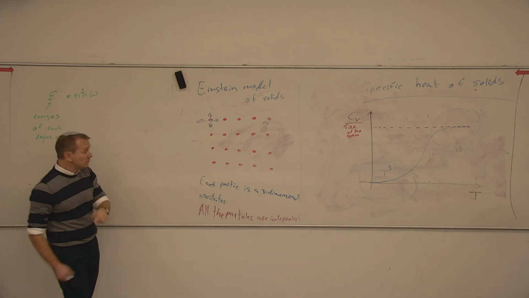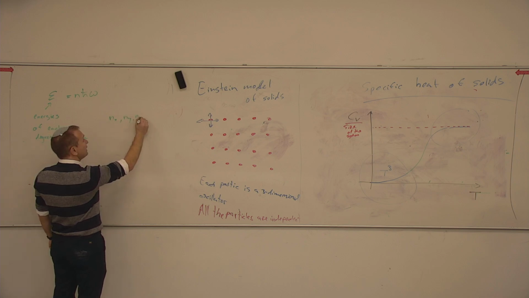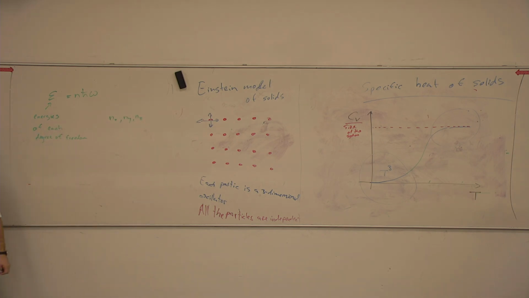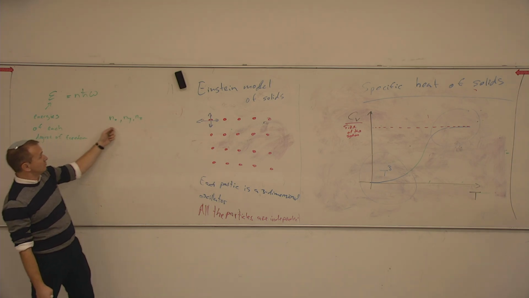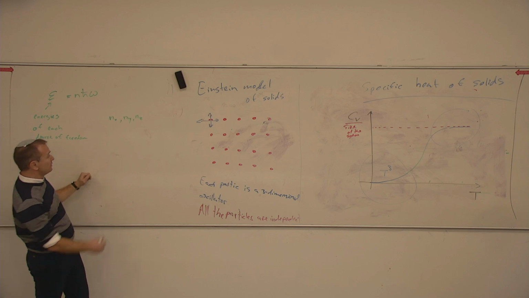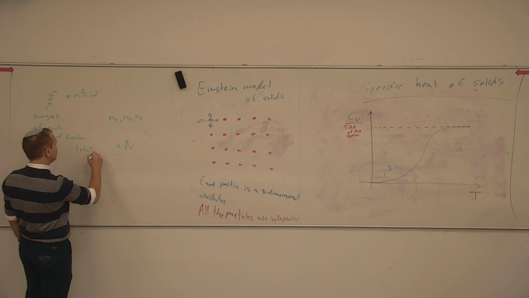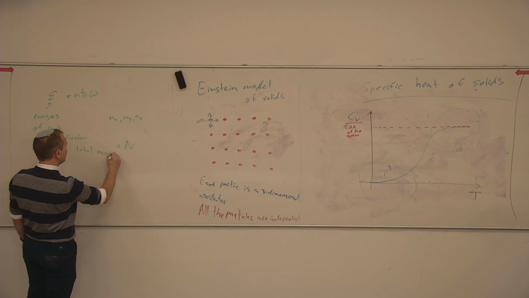So each particle has nx, ny, and nz. Quantum numbers, what we call them nowadays. So you have three quantum numbers for each particle, and they're in total N, the total number of particles.